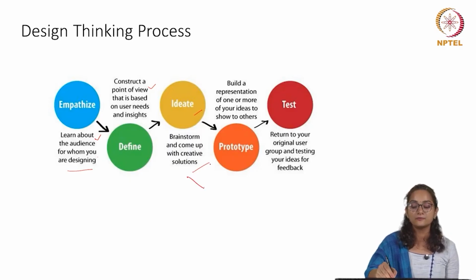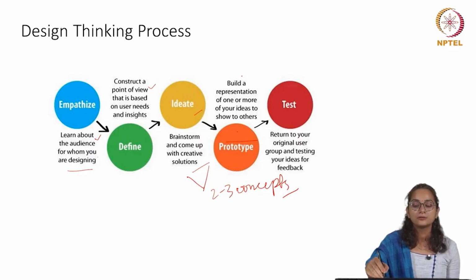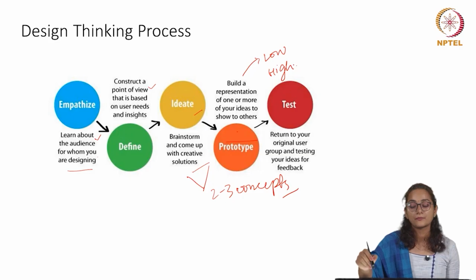And then we try to converge, filter it into 2 to 3 concepts, which we take to the prototyping phase. Here we build prototypes. It can be low fidelity or high fidelity. Then we take those prototypes to the user and ask for feedback.